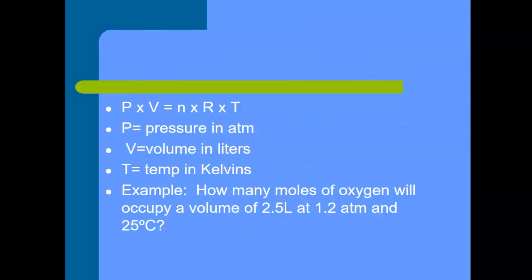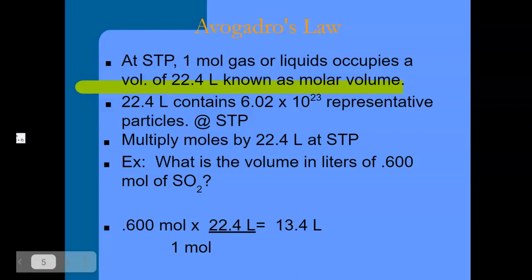Okay, so let's take a look at Avogadro's law. So many times we have to think about gases in terms of chemical reactions and what volume they take up, and moles, as you've already figured out, have come into play. So Avogadro also studied moles of gases, or gases in general, and he studied them at STP.